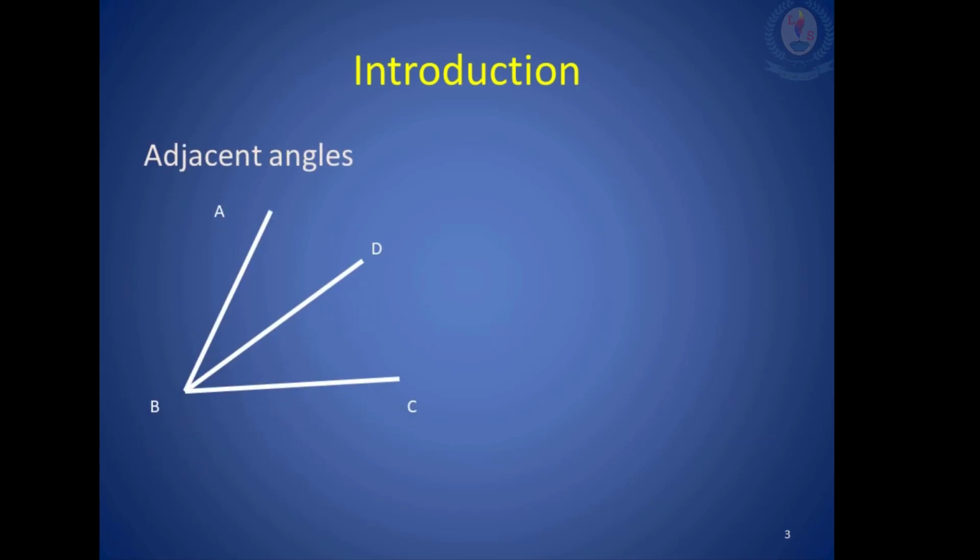Let's see the introduction. First, we are going to recall our memory of previous grades. Adjacent angles. The angles angle ABD and angle DBC in this figure have a common vertex. The common vertex is B. They also have a common arm BD.